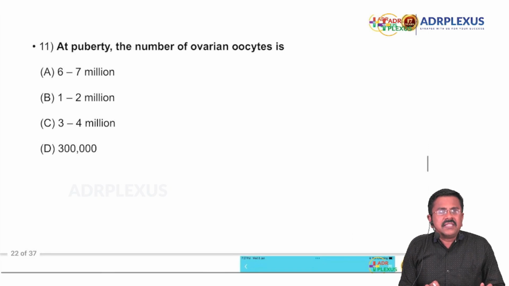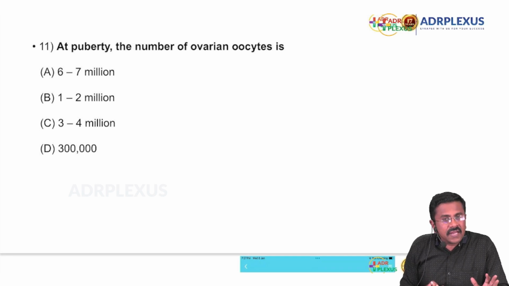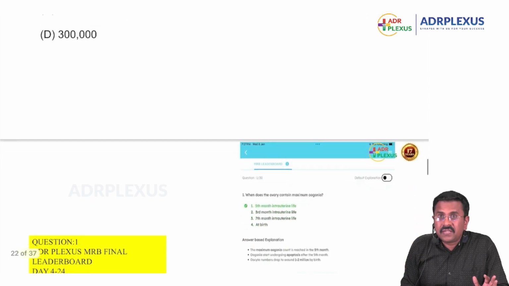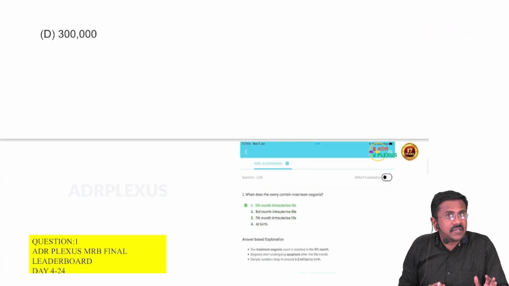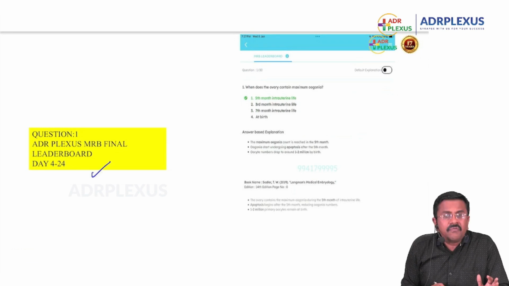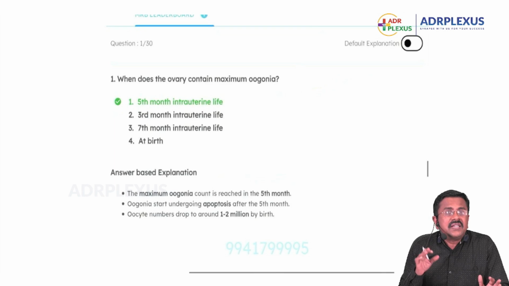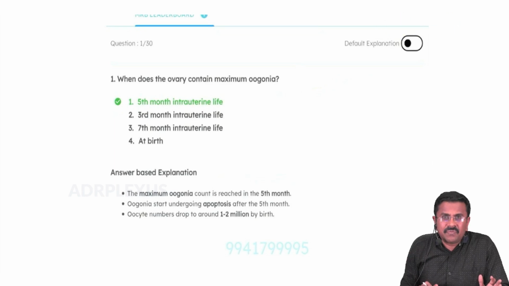And coming to the next question, at puberty, the number of ovarian oocytes is. Yes, during our regular classes also we have highlighted this point about ovarian oocytes, especially during the Turner syndrome discussion, and also in the MRB leaderboard 4 to 24 the question highlighted this concept: when does the ovary contain the maximum oogonia?